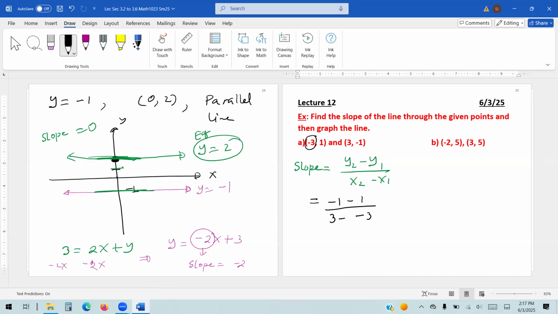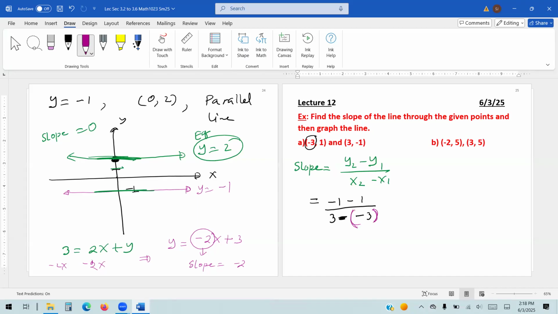It's not 2 minus, it's 3 minus negative 3. This minus is from the formula, but when you are subtracting, this quantity has a negative itself.